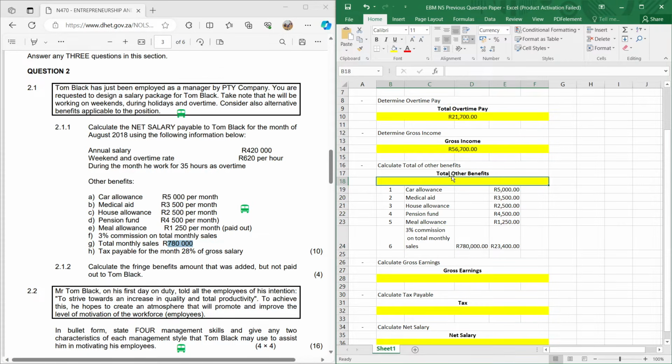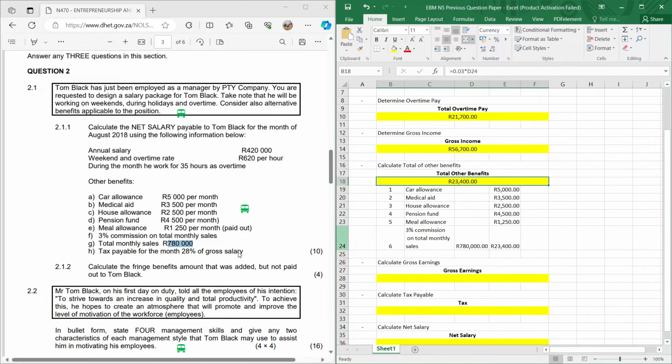I am basically going to say 3%, that would be the equivalent of saying 0.03 multiplied by this amount over here, the 780,000 rand, because that's his total monthly sales. And then we will get 23,400.